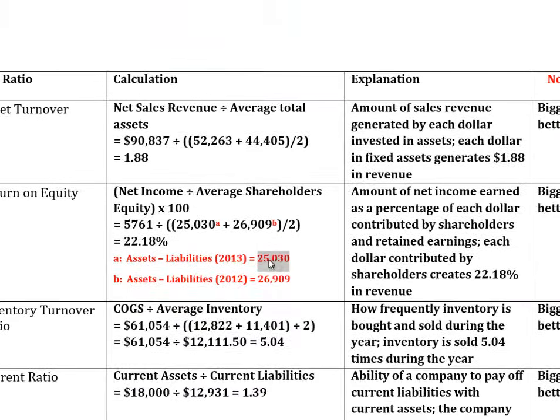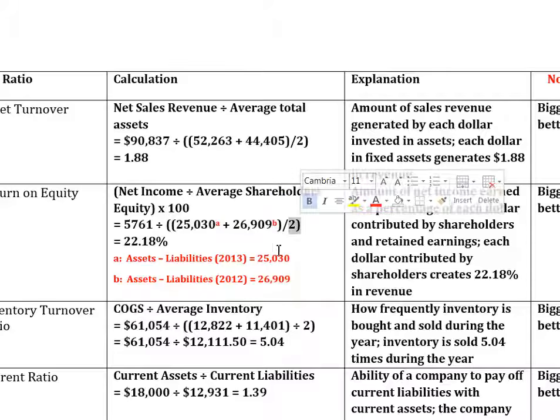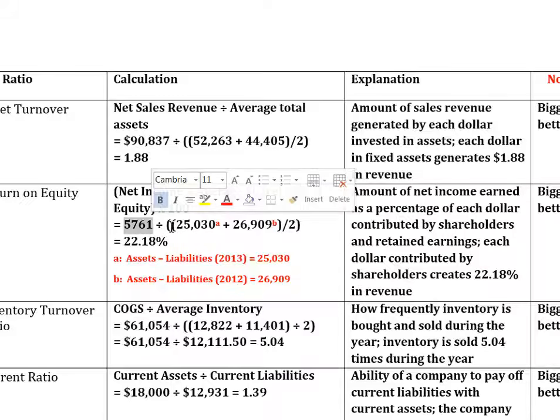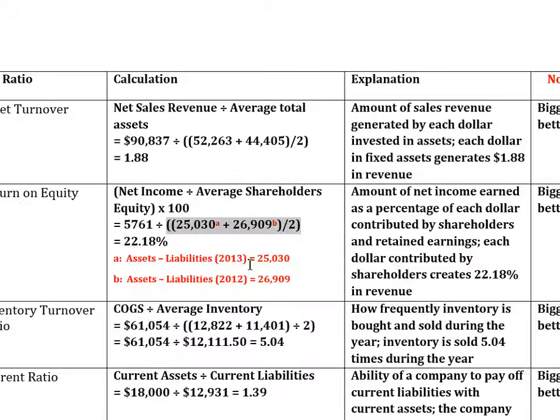So that's the number I've got. Now, if I add these two numbers together, like I'm telling you here, divide them by 2, and take 5761 divided by that, I'm going to get 22.18%. Now, what does return on equity tell us?